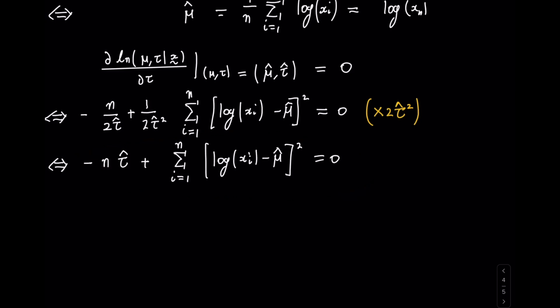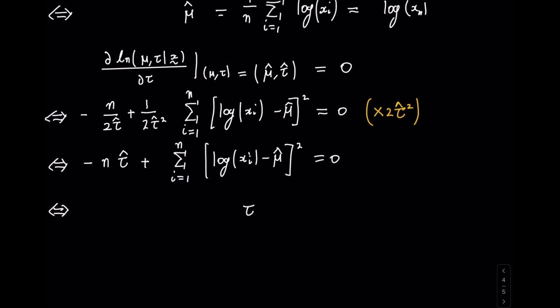Then, of course, we can effectively solve for tau now, and what we'd have to do is move this n tau to the other side, and then we could finally divide both sides by n.